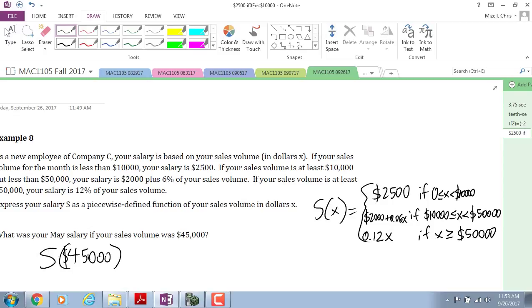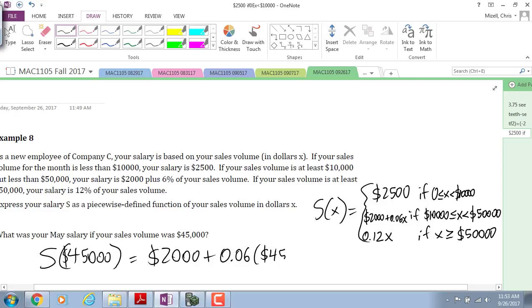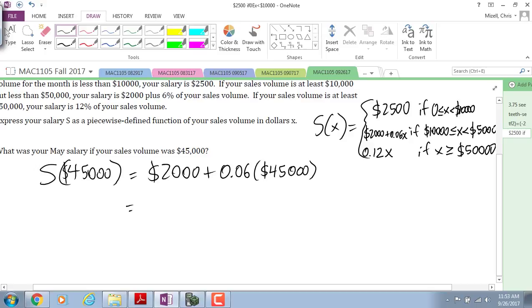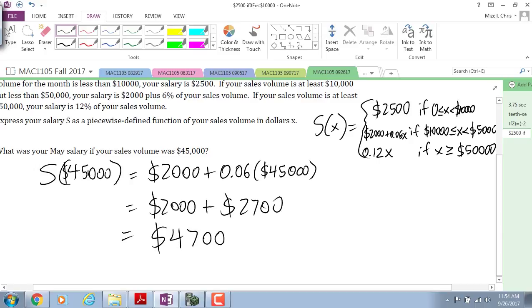We don't get to take 12% of it, but it'll be $2,000 plus 6% of it, like so. So $2,000 plus $2,700, so it would be $4,700. $4,700 salary for sales at the $45,000 level.